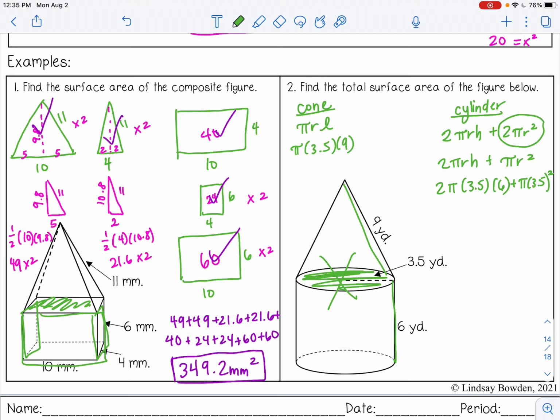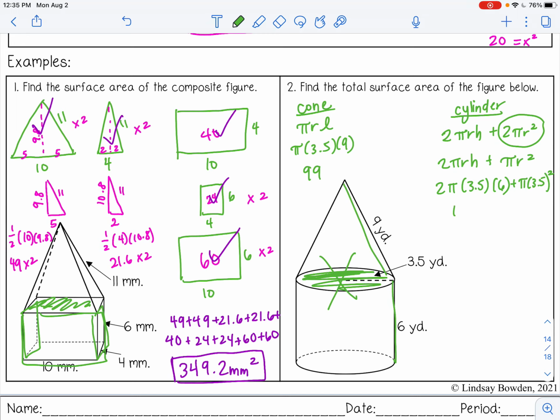All right, so I'm just going to use my calculator. So pi times 3.5 times 9. That's going to round up to 99. All right, 2 times pi times 3.5 times 6.